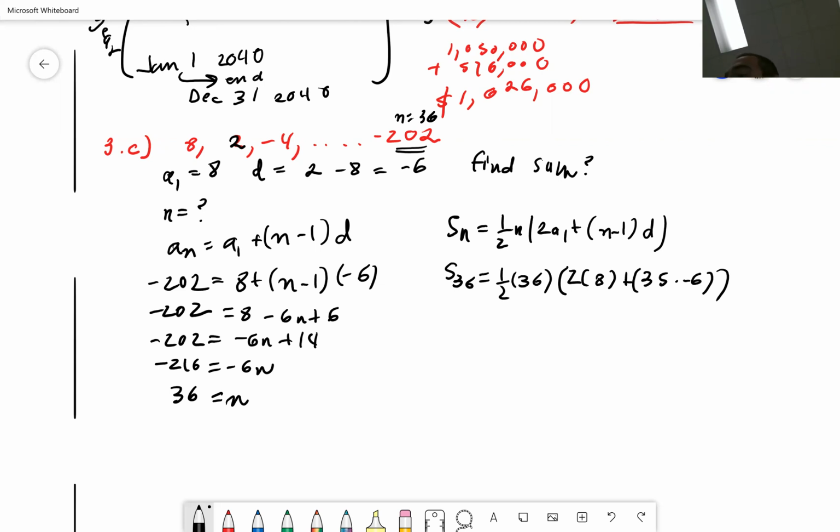So 35 times -6 plus 16 times 36 divided by 2. And it says that the sum of the 36 terms would be -3,492, which makes sense to me because you start getting those negative numbers. It's quite a few of them. And I think I'm good. So that's 3C, that's 36.